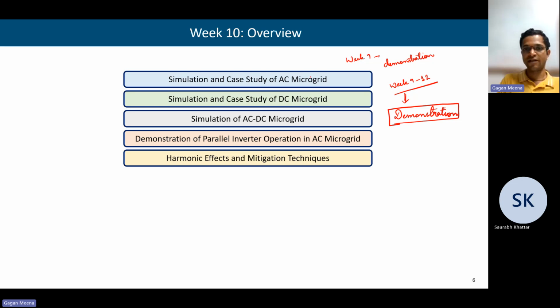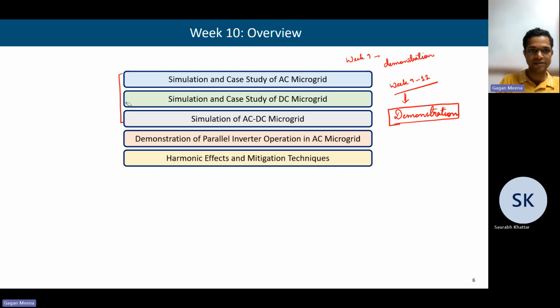Okay, so here in this week 10, the demonstration or the simulation, initially these first three topics were based on simulation of AC, DC microgrid, and AC-DC hybrid microgrid.